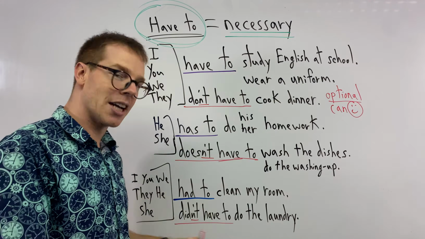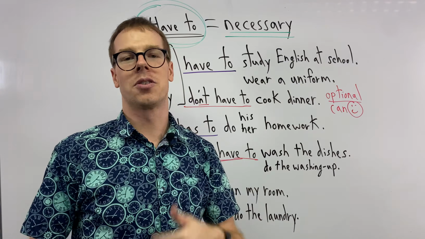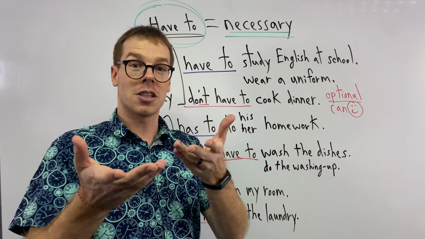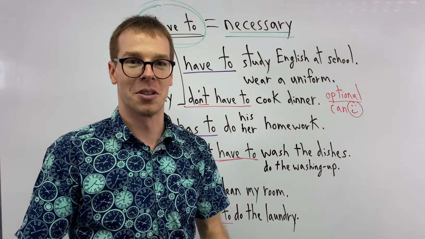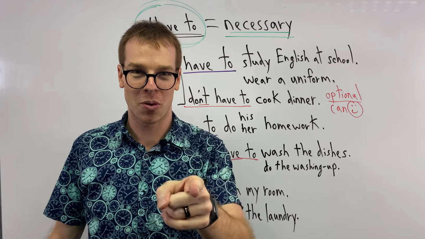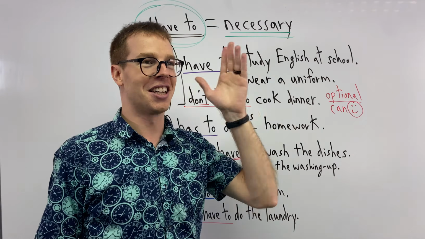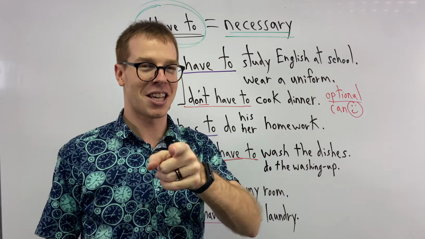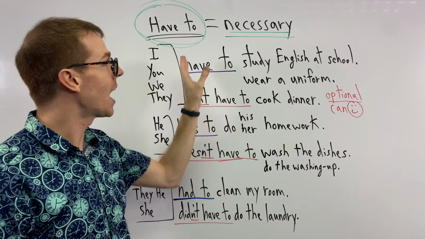I could say I don't have to wear a tie. I don't wear a tie to work, because my boss, he says I don't have to. If my boss says you have to wear a tie, I will wear a tie every day of the week. Not Saturday, Sunday, but every work day, I will wear a tie because I have to, right?